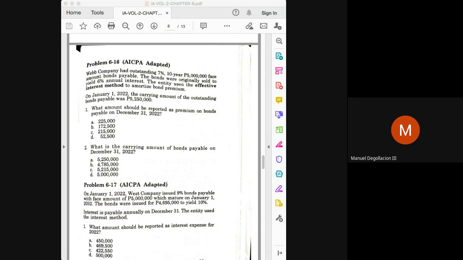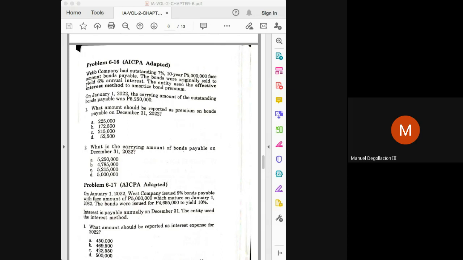Third question: how much would be the balance of the premium on December 31, 2023? You just deduct 37,100 from the previous balance as of the end of last year. The remaining premium on December 31, 2022 was 215,000. Then the additional amortization this year is 37.1.